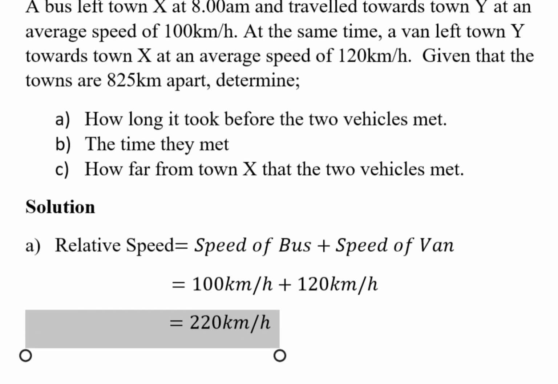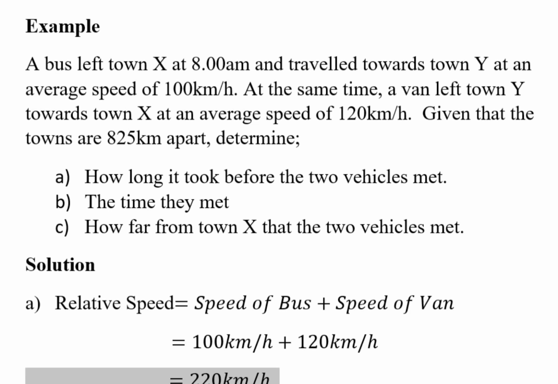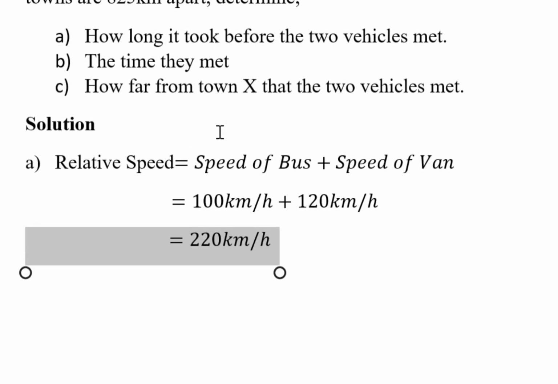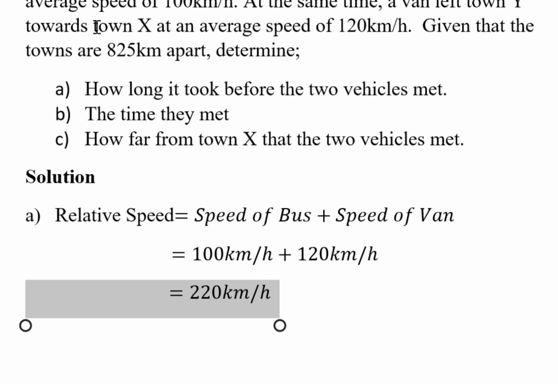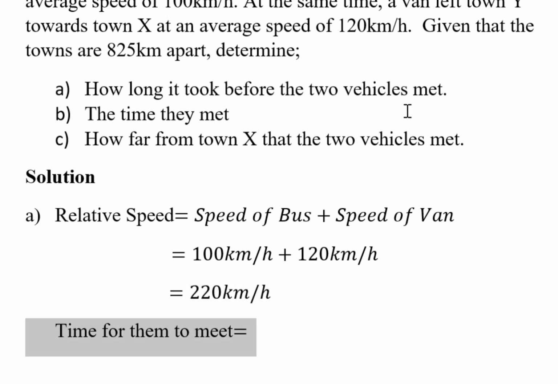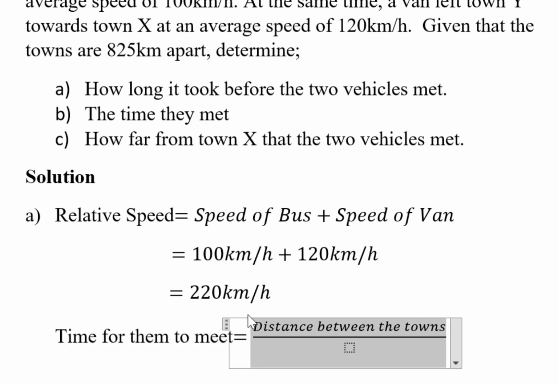Now, the first question wants us to determine how long it took before the two vehicles met. For you to get how long it took before the two vehicles met, you take the distance between the towns, which is 825 kilometers, divided by the relative speed. That will give you how long it took before the two vehicles met. So the time they took for them to meet is given by the distance between the towns divided by relative speed.